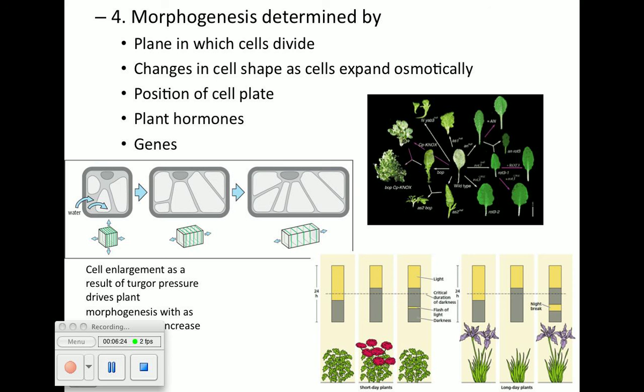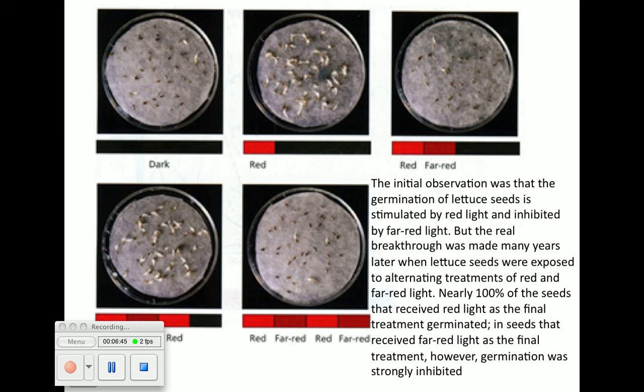If a plant has more sunlight, and this is a short day plant, it's not going to bloom. But if it gets a switch in light, then it will. Sometimes they do studies where they give it this amount of sunlight, then it's dark, and then they give it a flash of light and see what happens. Maybe nothing happens, or maybe something does. This slide kind of shows this.